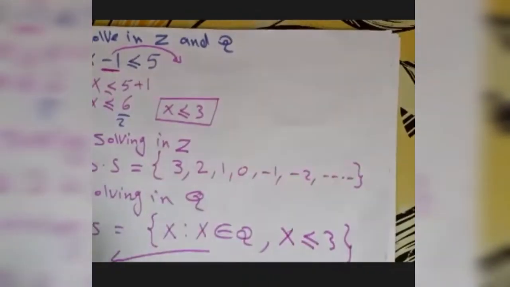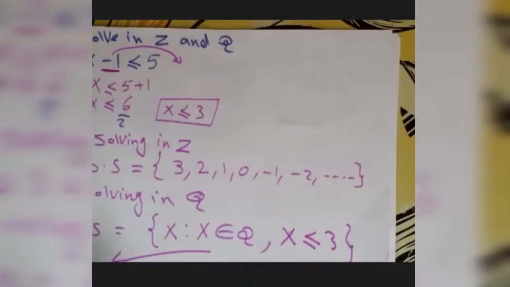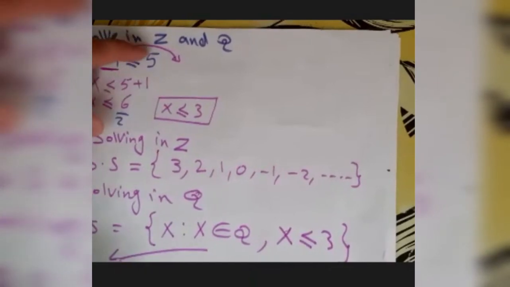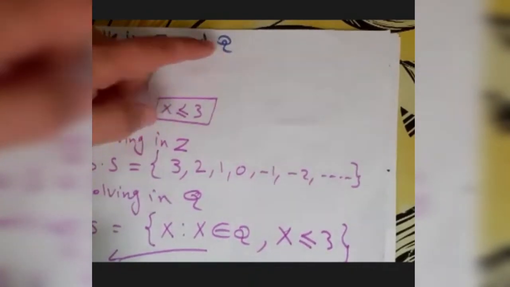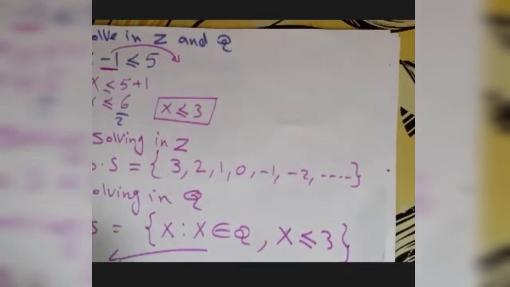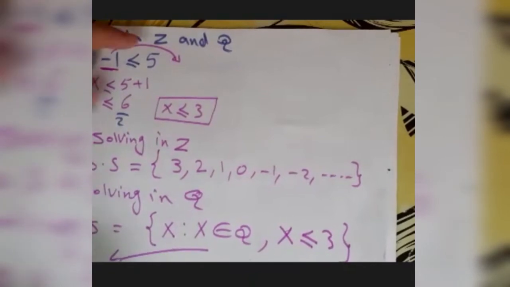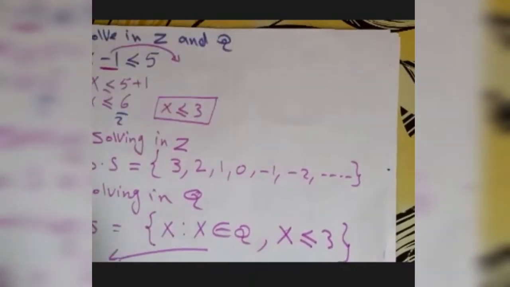Now we have finished the solution in Q. So in an inequality, look at the substitution set Z or Q and write SS according to this substitution set.